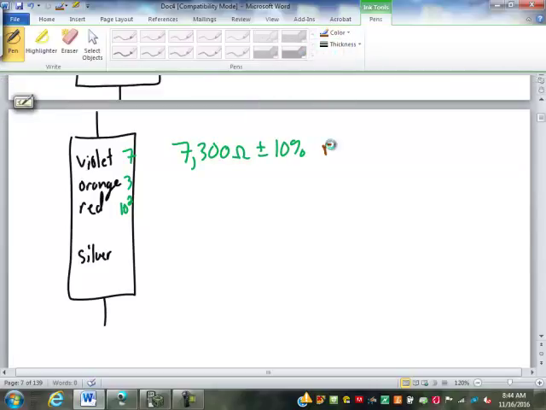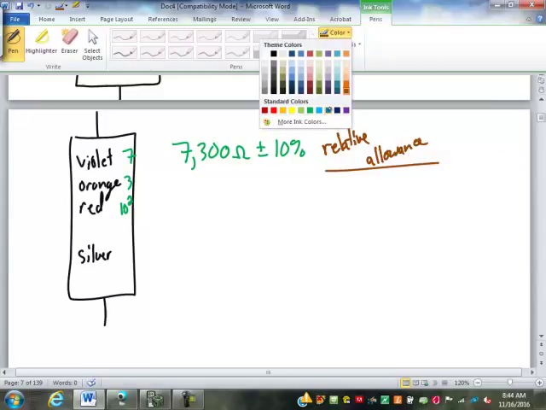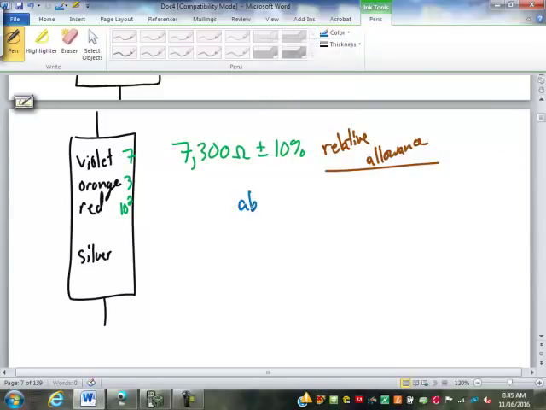Now, of course, you recognize this as a relative allowance or relative tolerance, if you call it that. If I wanted to change it into an absolute allowance, I have to find what 10% of that is.